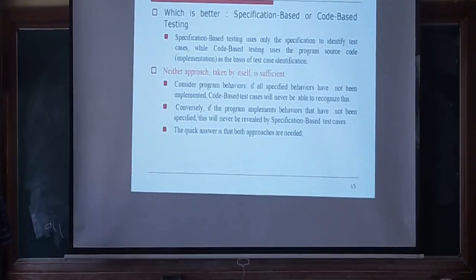Conversely, if the program implements behavior that has not been specified, this will never be revealed by the specification-based test cases. Suppose a program implements a behavior that was not in the specification, that is, the requirement. Then specification-based testing will never be able to identify that.